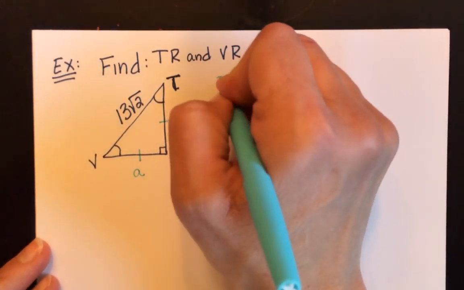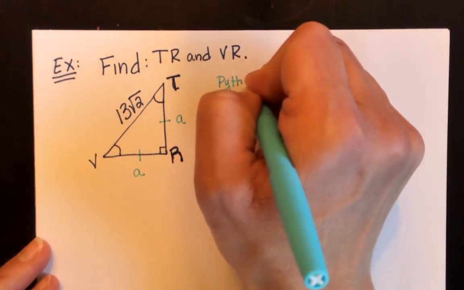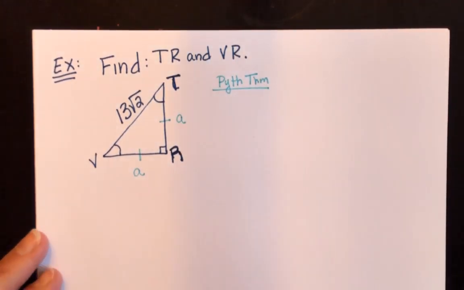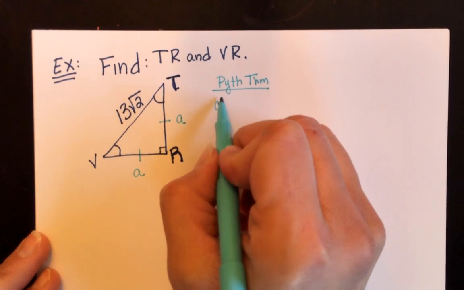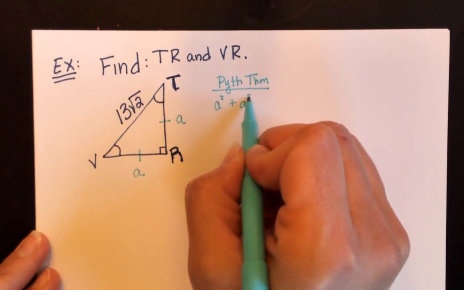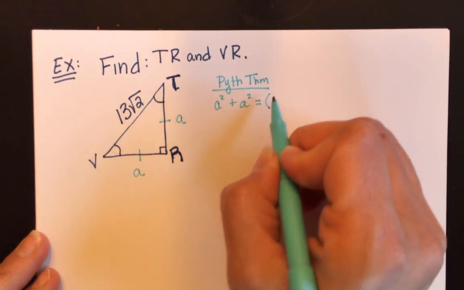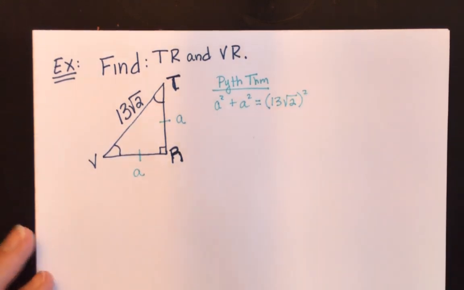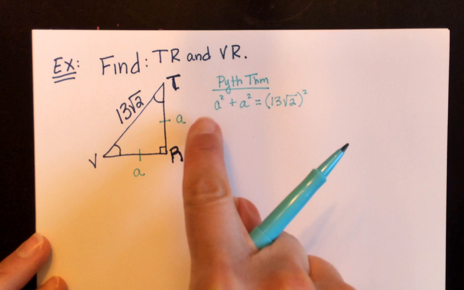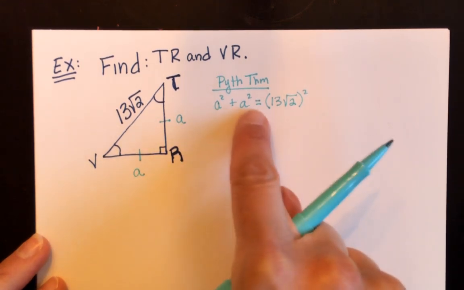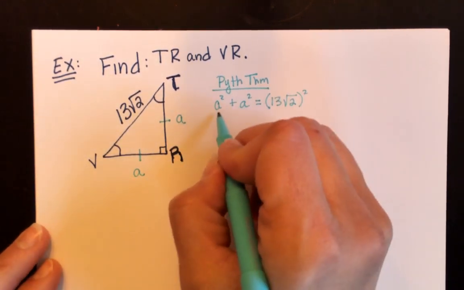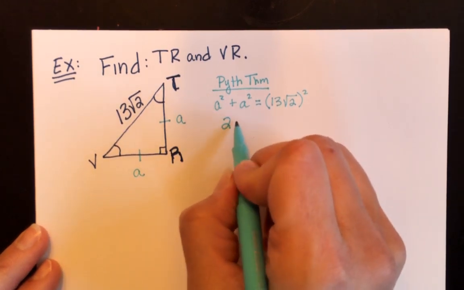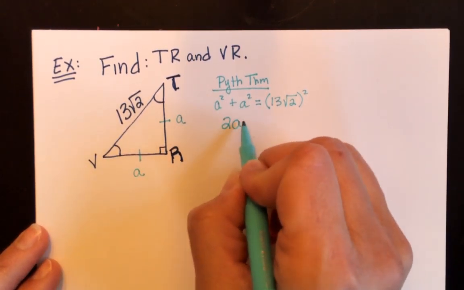But if I stick with the Pythagorean theorem, I would actually have a squared plus a squared equals, notice the parentheses, 13 radical 2 squared. I have 2 a squares, so anytime you add like terms, in this case there's 2 of them, 2a squared.